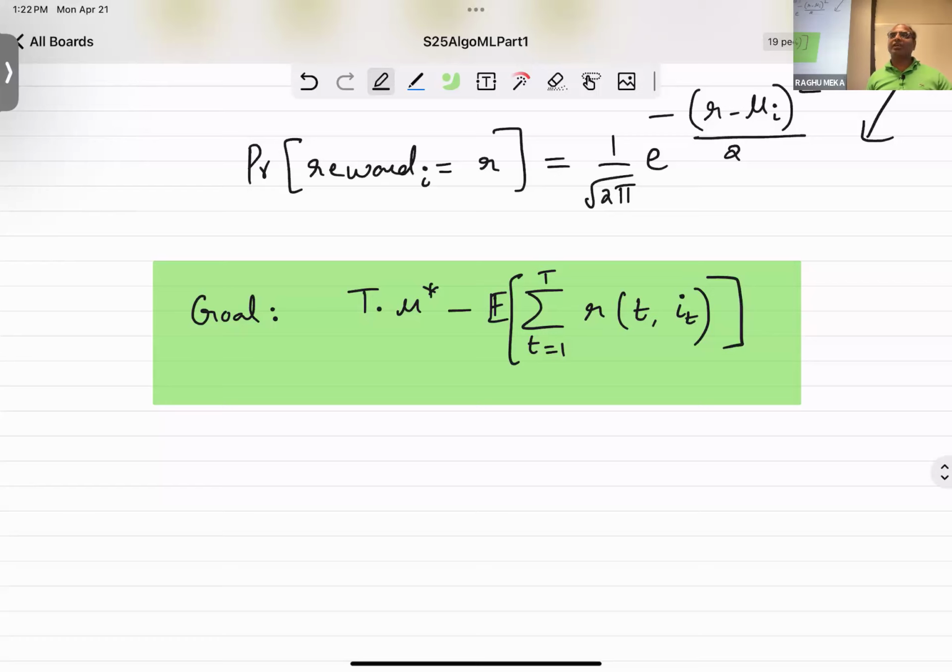And the question is, how small a regret can you get? Can you make the regret go to 0 with the ratio, or can you get square root t as before? Can you make it even smaller, and so on?